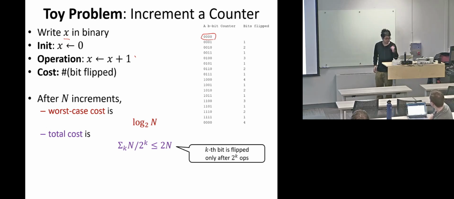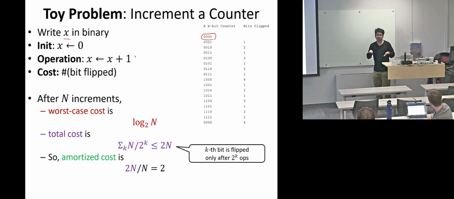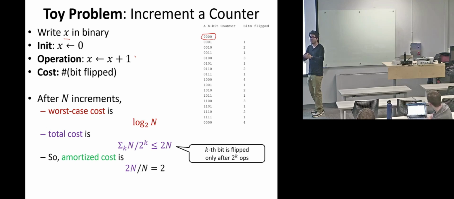And then the amortized cost is the total cost over the number of operations we have. So it's 2. This is what I mean by amortized cost. It's just the total cost over the number of time steps.